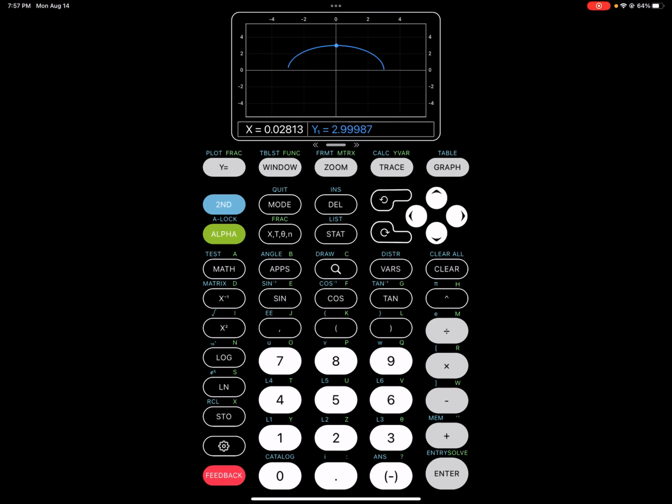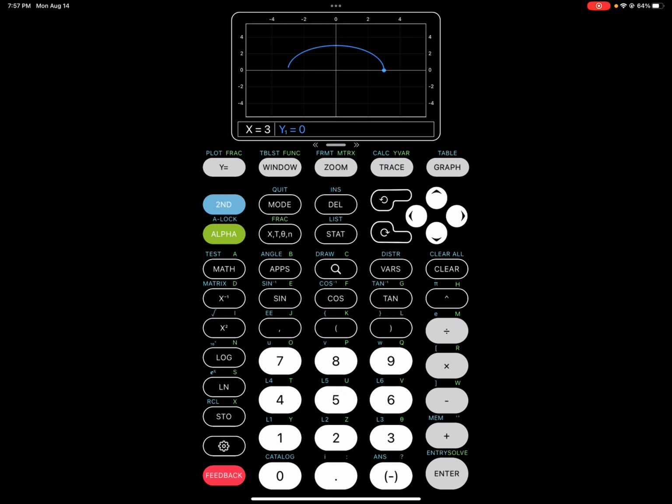If you see that, it looks like it's only above the x-axis, and it looks like it's getting really close to 3. If I hit trace, -3, I get negative 3, 0. If I trace again and positive 3, I get 3, 0.